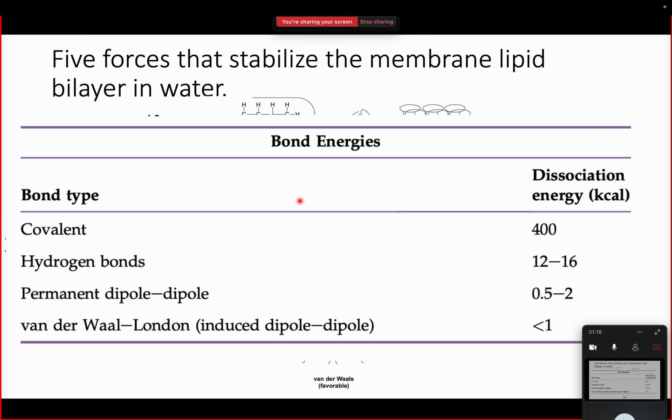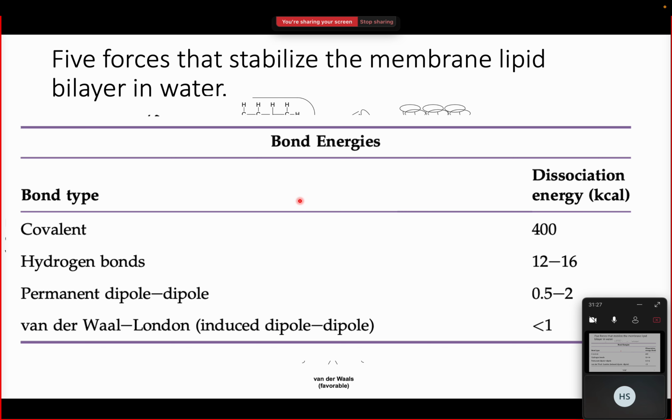If such a little amount of energy is required for them to break, how come they are the major contributors to the stabilization of a membrane? Well, the answer lies in the number of such interactions present.